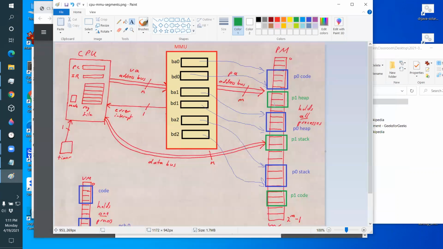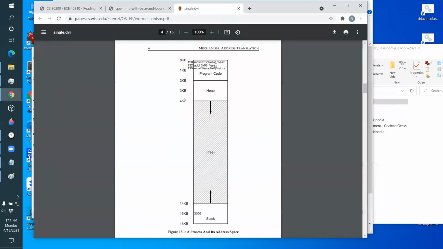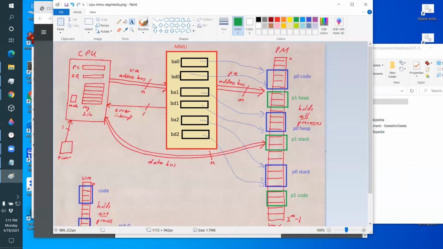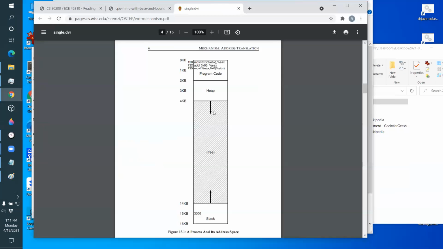Then if a program needs a bigger heap, instead of just growing here until it hits the stack, we said before that if you ask the operating system to increase your bound register, you can grow the heap. So the heap can grow down this way. And then if it hits that bound, it can just ask the operating system for a bigger bound. Notice that that couldn't even be done over here.